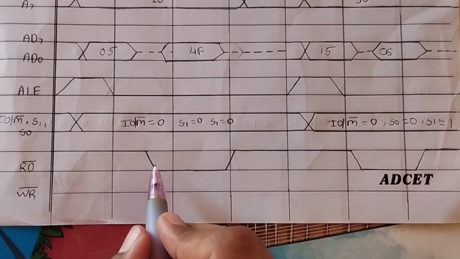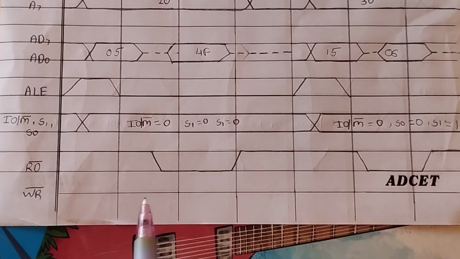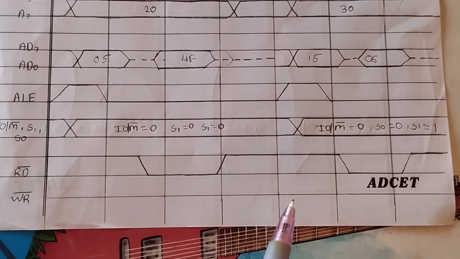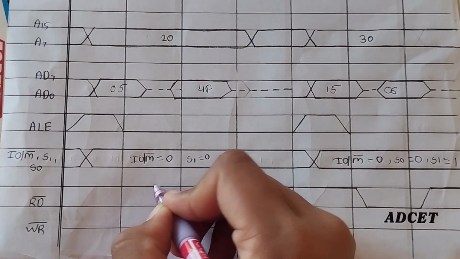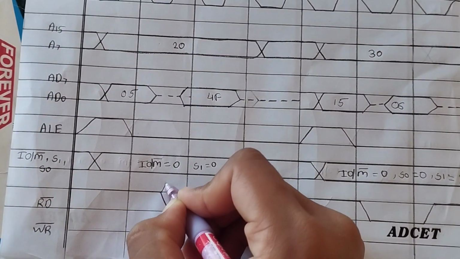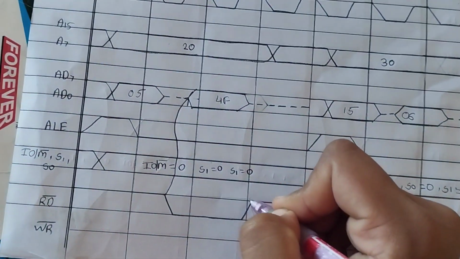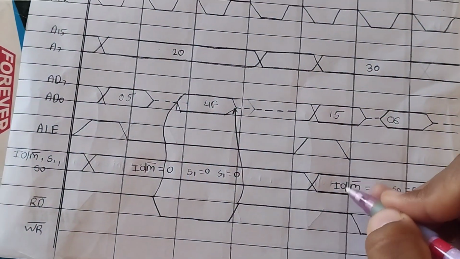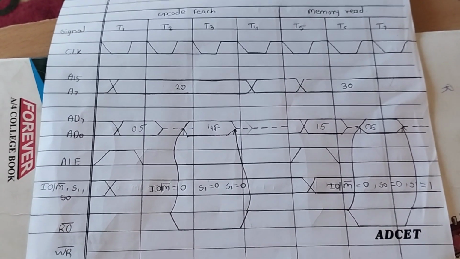Now again we only perform read operations, not write operations. For that our write signal is high for the whole machine cycle. And here we first read the opcode. For that we indicate an arrow here, and this is for our data. Now our machine cycle is ready.